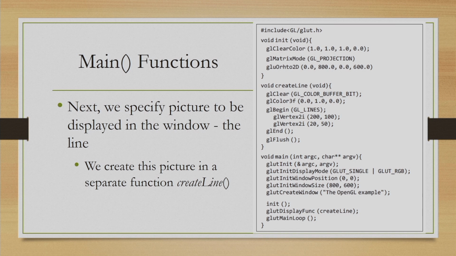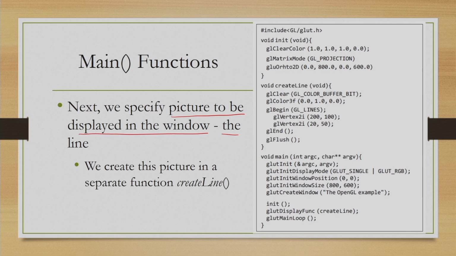The next thing that we do is specify that the picture is to be displayed in the window, that is the line. Now, we have to create the line and then we can display it in the window.